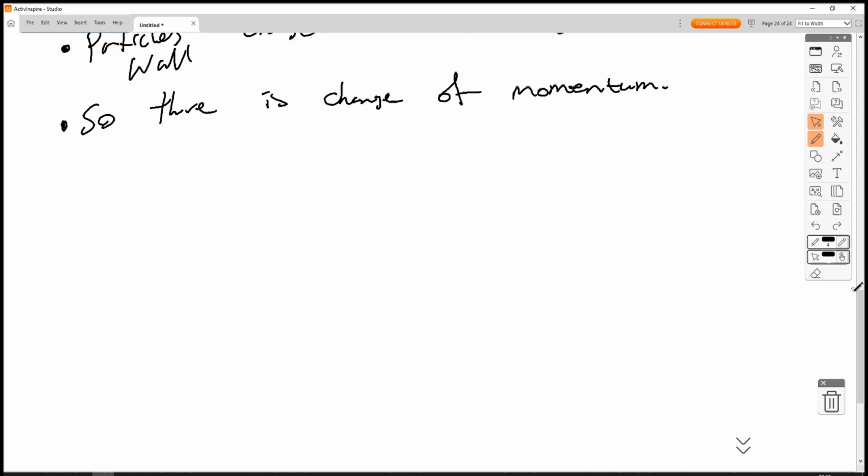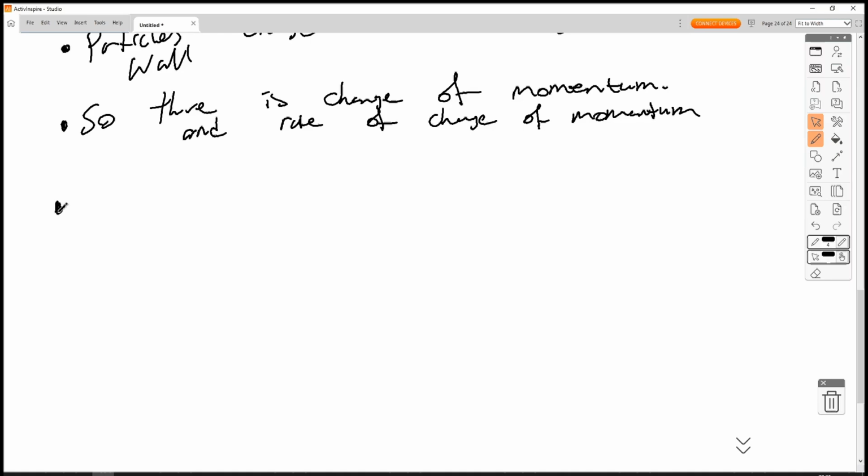If there is change of momentum, then there is also rate of change of momentum.